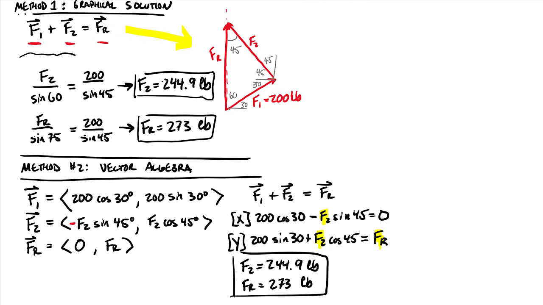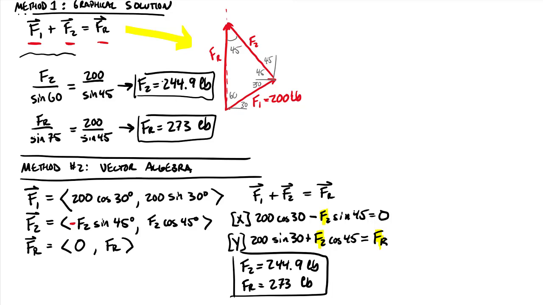Now, if you're adding together more than two vectors, the graphical solution is going to get a little more complicated because you'll essentially have some kind of a four-sided figure that you need to figure out the angles and components and things of. You couldn't use law of sines, you couldn't use law of cosines.